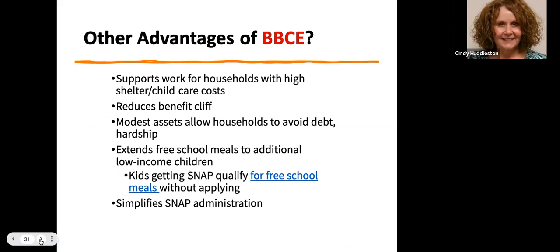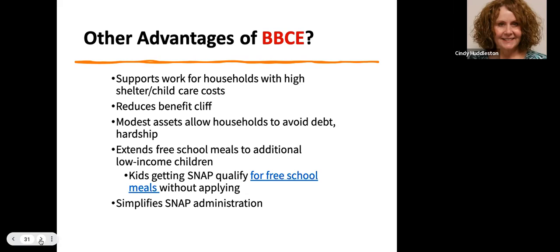Without broad-based categorical eligibility in Florida, analysis shows that the working poor would likely fall over the benefit cliff way sooner than they do now. Although everyone, of course, wants a raise at work, sometimes even a small increase in earning can raise a family's income above the 130% gross income test and cause the family to be ineligible for SNAP.